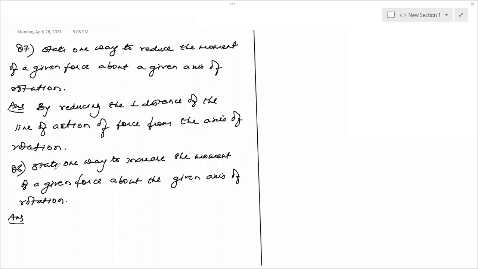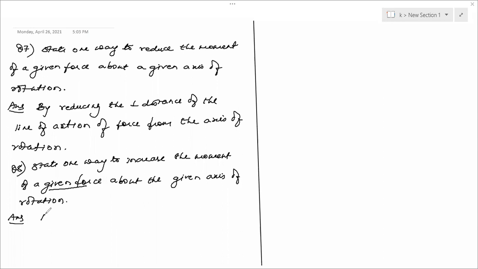Question number 8. State one way to increase the moment of a given force about the given axis of rotation. Force is given already. Force cannot increase. Okay, force is there, constant, about a given axis of rotation. So naturally, it is just the opposite of this question.